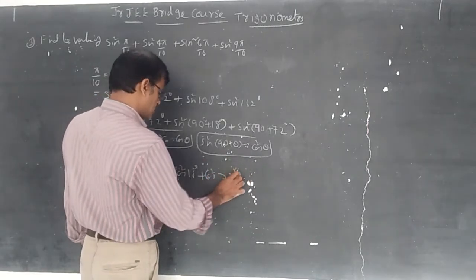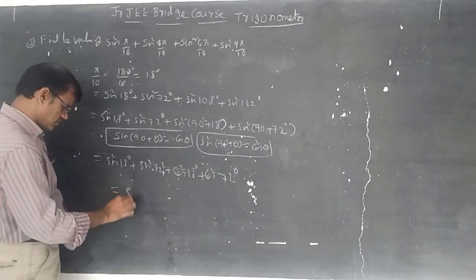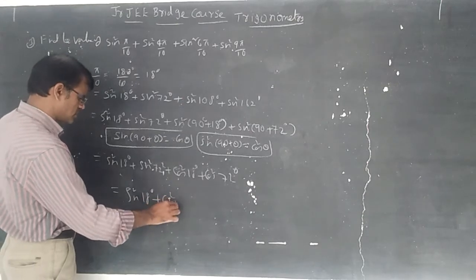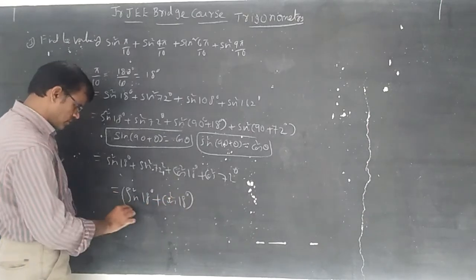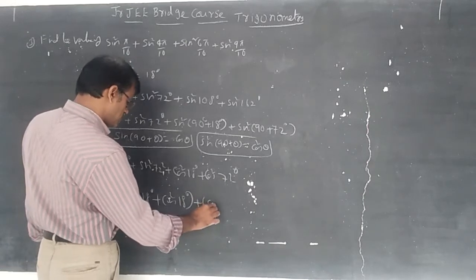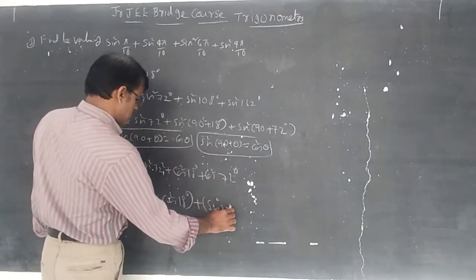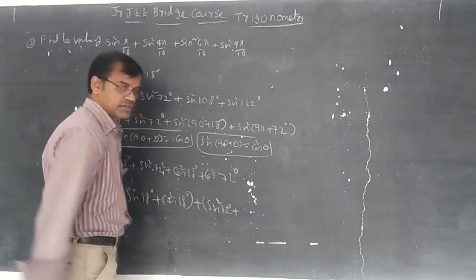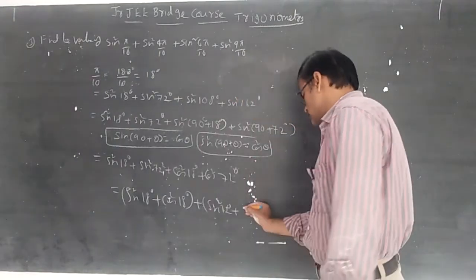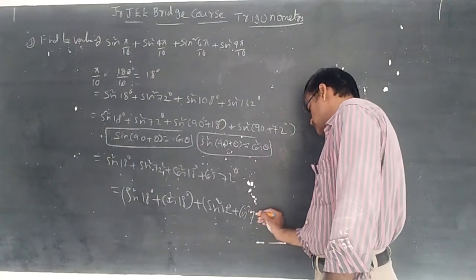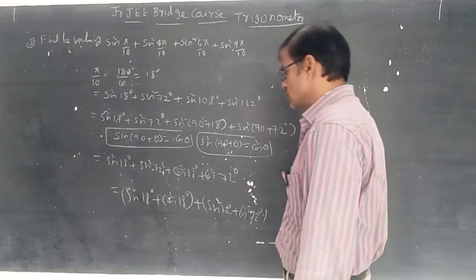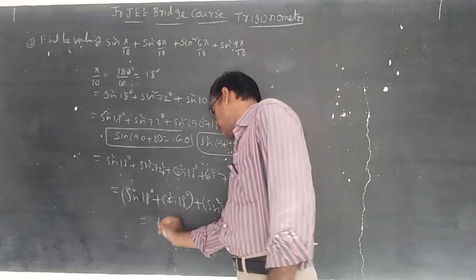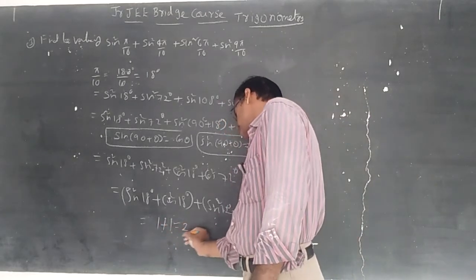We can write sine square 18 plus cos square 18 side by side, and sine square 72 degrees plus cos square 72 degrees. We know that sine square theta plus cos square theta is equal to 1. It is also 1, so 1 plus 1 is equal to 2.